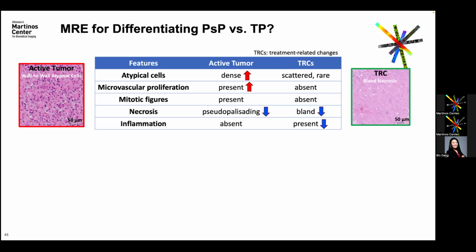So the pathology basis is there. The active tumor, as I mentioned earlier, has the signature of densely packed atypical cells, and also angiogenesis promotes this microvascular proliferation, and both of those can drive the local tissue stiffness to go up.